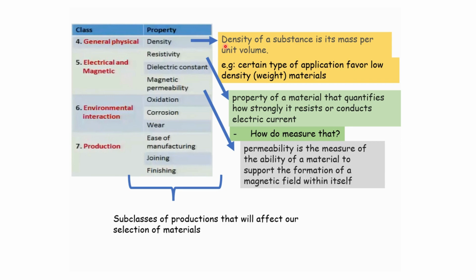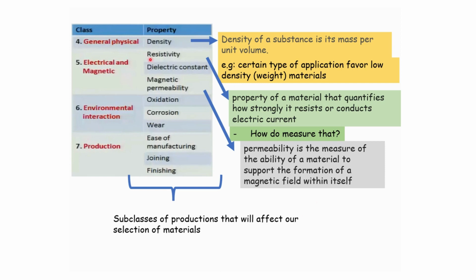And then we have the dielectric constant, and also magnetic permeability, which is the measure of the ability of a material to support formation of a magnetic field within itself. Sometimes we need materials to magnetize easily. For example, in electric motor applications, higher permeability materials mean better performance.